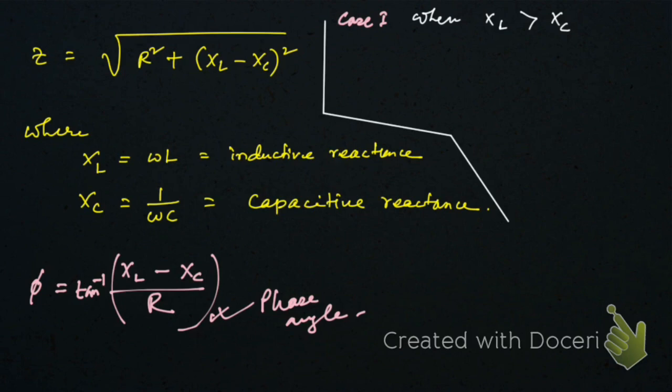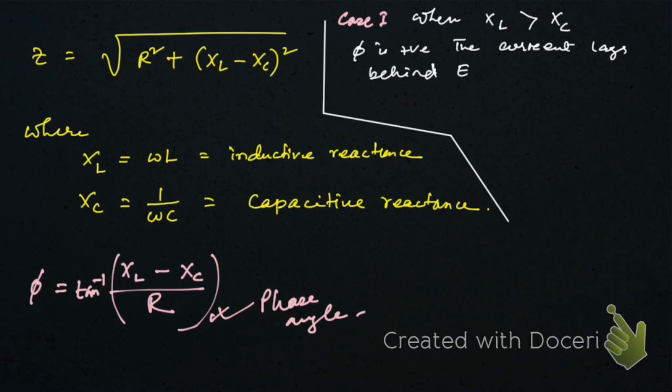So phi is positive, and current lags behind E, right?